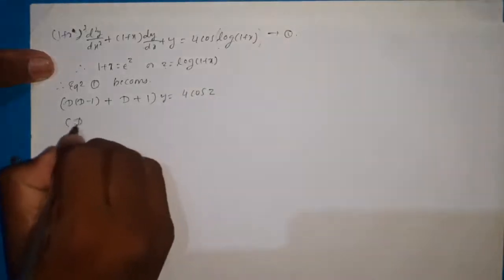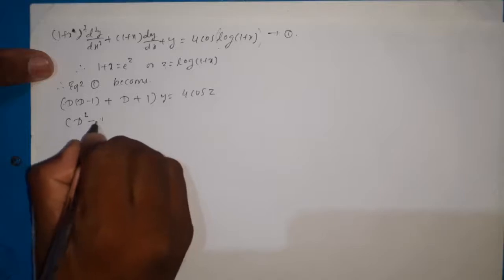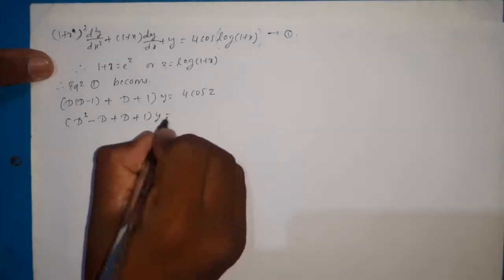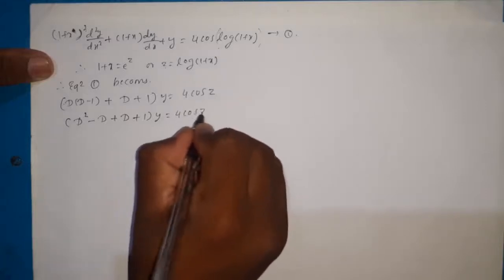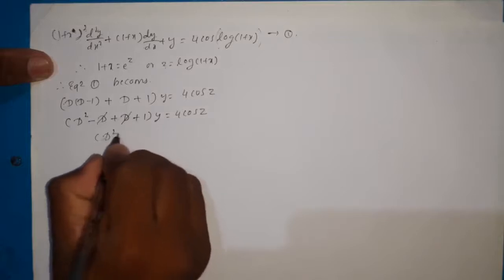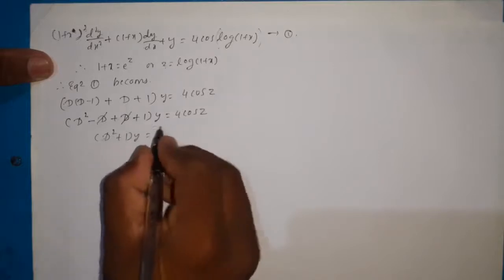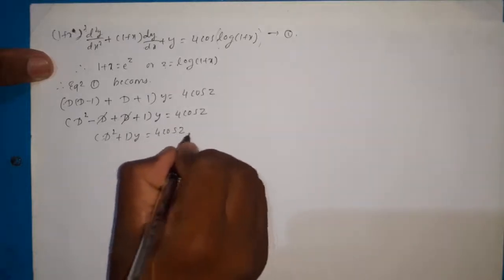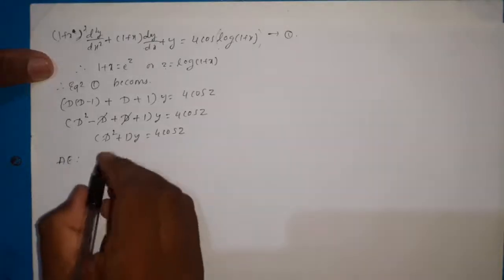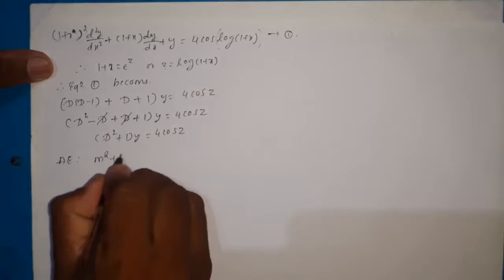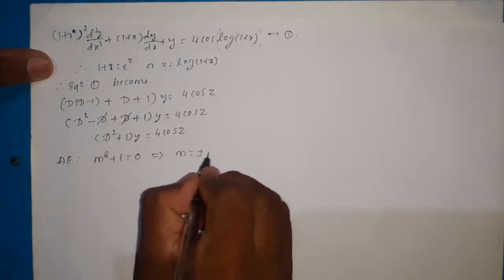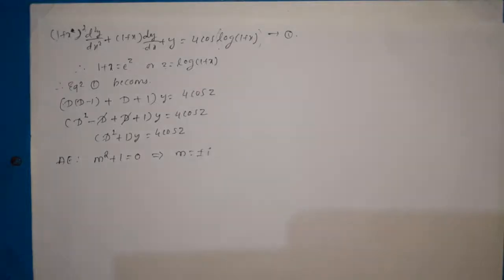Then it is (d square minus d plus d plus 1) into y equal to 4 cos z. d and d get cancelled, remaining (d square plus 1) into y equal to 4 cos z. So therefore the auxiliary equation is m square plus 1 equal to 0. It implies m equal to plus or minus i, right?